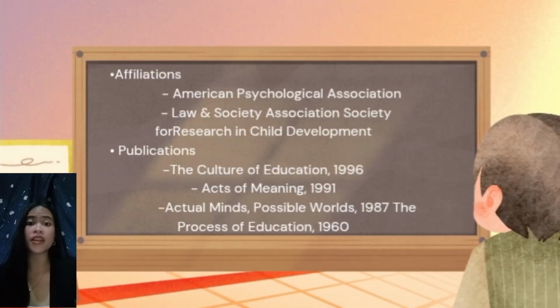He was also part of the American Psychological Association, Law and Society Association, Society for Research in Child Development. He also has publications: The Culture of Education, 1996; Acts of Meaning, 1991; Actual Minds, Possible Worlds, 1987; The Process of Education, 1960.